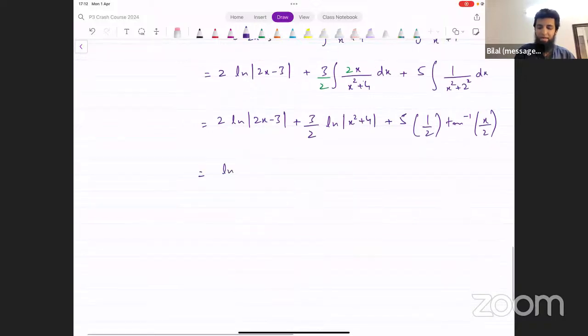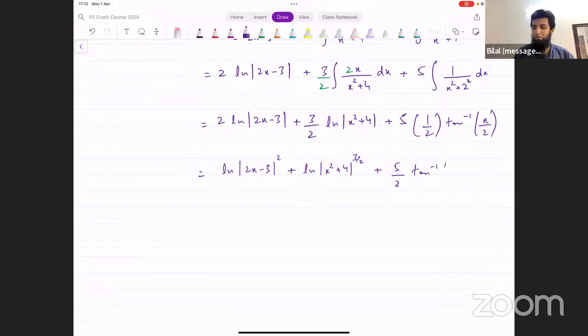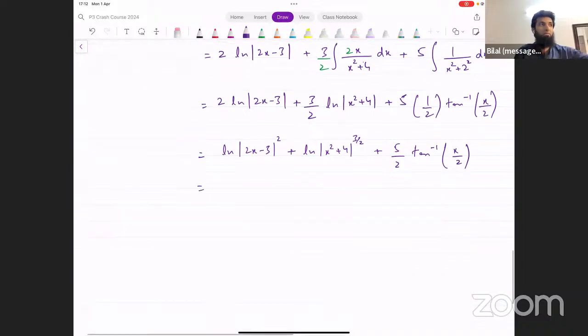So we write it as ln of 2x minus 3 whole squared plus ln of x squared plus 4 whole raised to the power 3 over 2 plus 5 over 2 into tan inverse of x over 2. And now we can use the multiplication law.